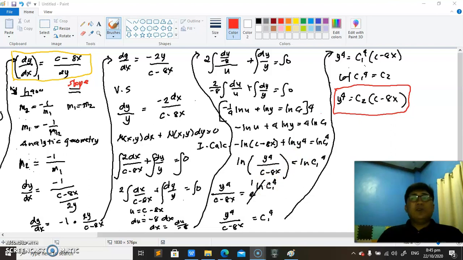So this will be the last part of the geometric applications. The next topic will be about the physical applications.